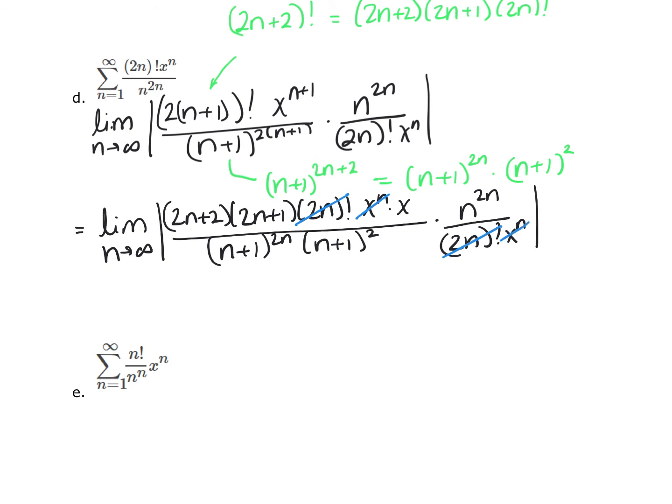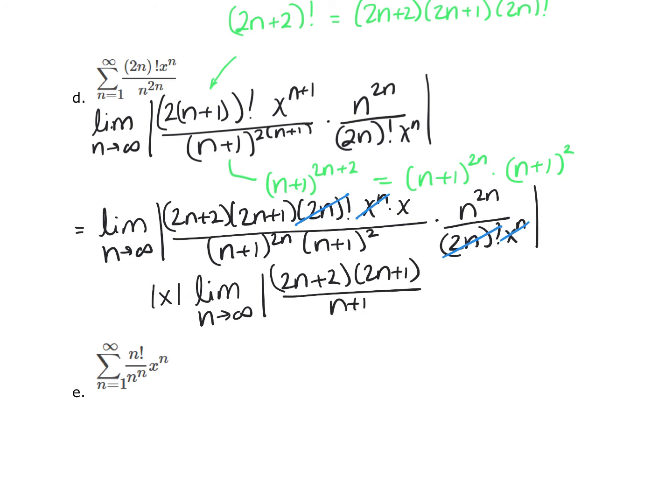Now, anything that is not dependent on n, I will bring out front. So I have the absolute value of x will come out front. Then I have the limit as n goes to infinity. I have 2n plus 2, 2n plus 1, the n plus 1 raised to the 2n, n plus 1 squared, n raised to the 2n.